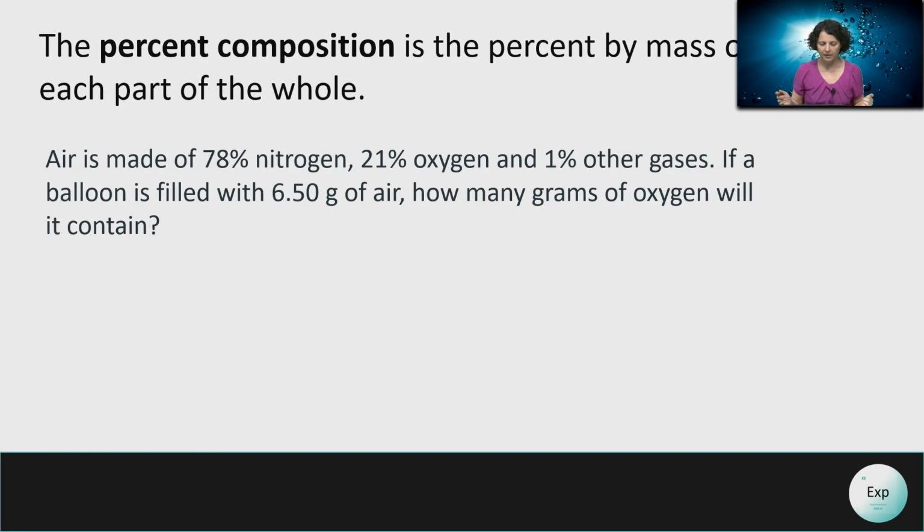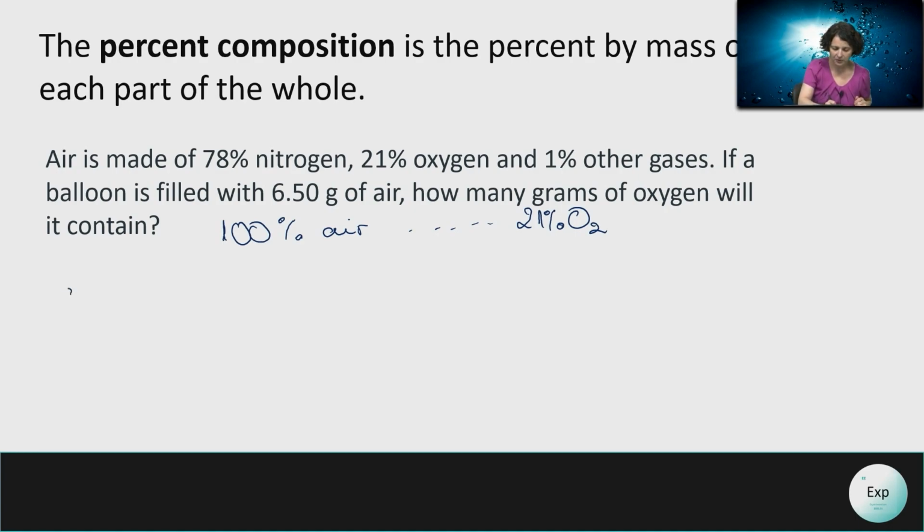Here we have 6.50 grams of air, of which 21% is oxygen. So this tells us that if we have 100 grams of air, or 100% of air, then in that 100%, 21% is going to be oxygen.